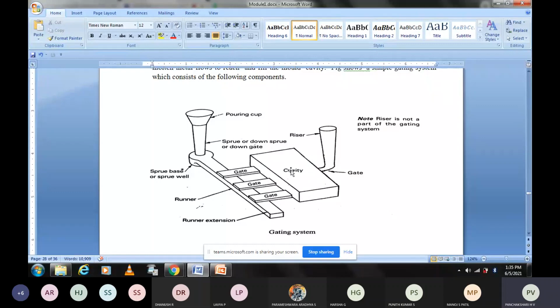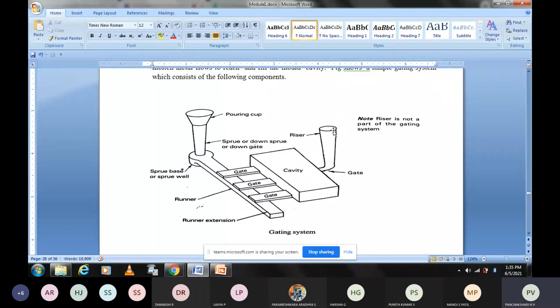So once this is full, then the liquid metal starts rising here. As you pour here, the liquid metal rises here. So this portion and this portion are at the same level. Therefore, when you are pouring the liquid metal here, it is rising to the surface here.